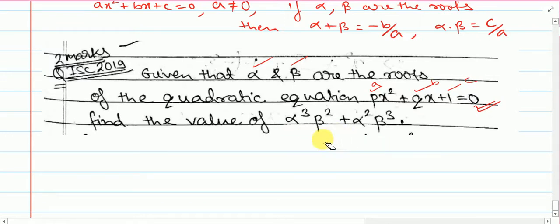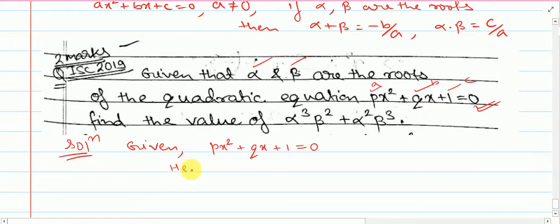Solution: given px² + qx + 1 = 0. Here your a is p, your b is q, and your c is 1.